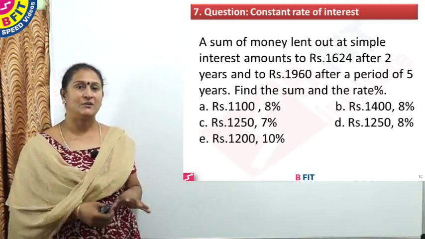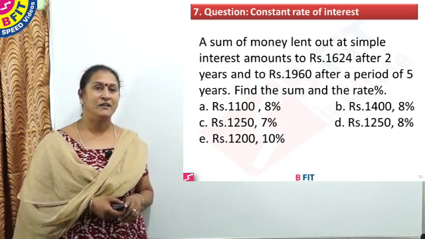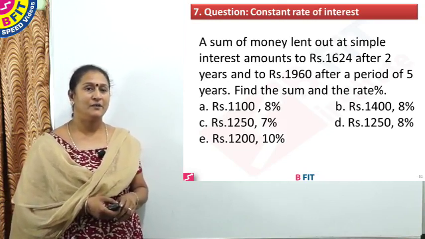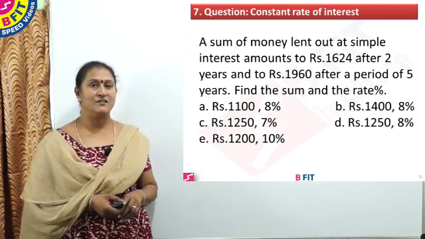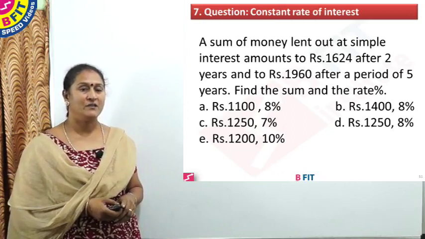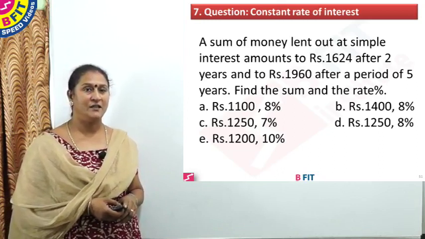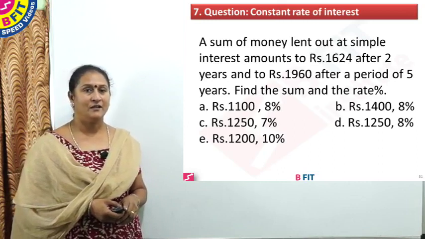So we'll see the next question, question number 7. A sum of money lent out at simple interest amounts to rupees 1624 after 2 years and to rupees 1960 after a period of 5 years. Find the sum and the rate percent.